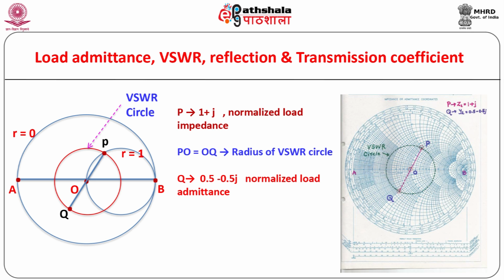Step number 4. Join points P and O and extend the line PO to meet the circle at point Q. The point Q represents the normalized load admittance. Note the values of R and X at Q. The geometrical construction and graphical solution of the problem under consideration are as shown.